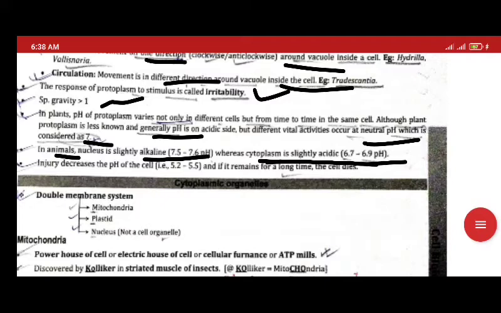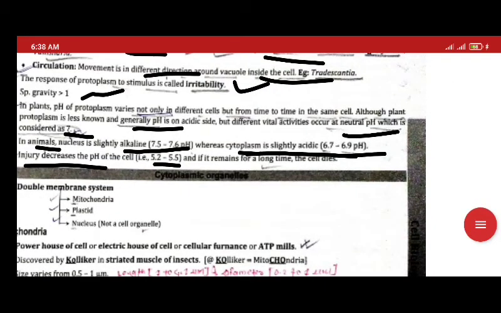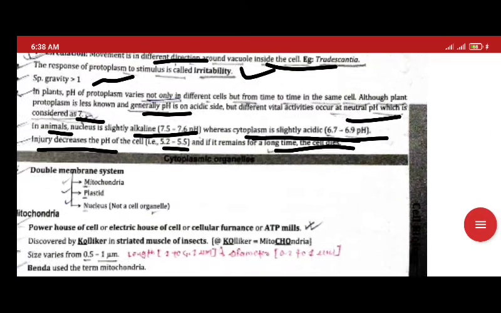If injury occurs, the pH decreases, up to 5.5 or 5.2, and remains so for a long time, depending on the cell type.